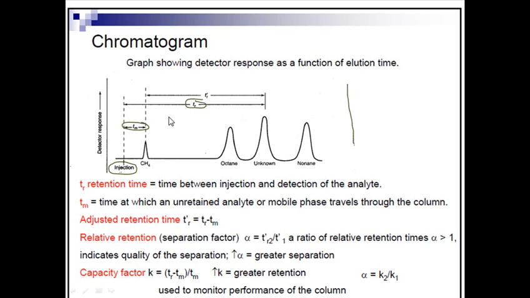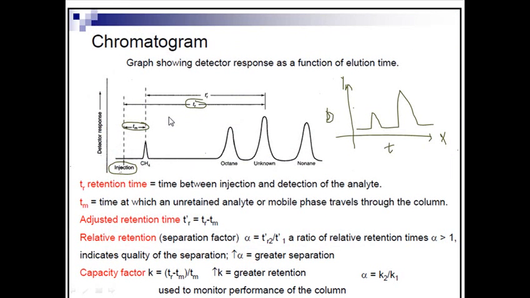Let's go into a little more detail. You have a graph here. We have detector sensitivity on the y-axis and time on the x-axis. For example, the chromatography begins, the injection is done, then after some time we have a peak, then after some time another peak, and so on.